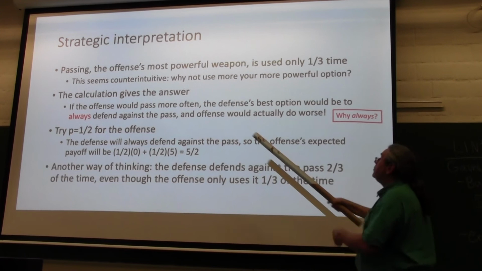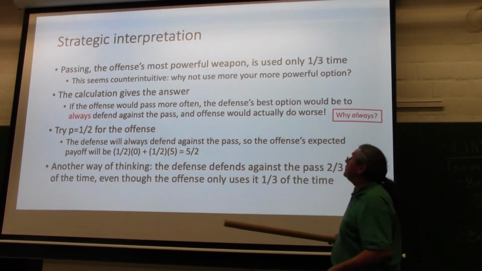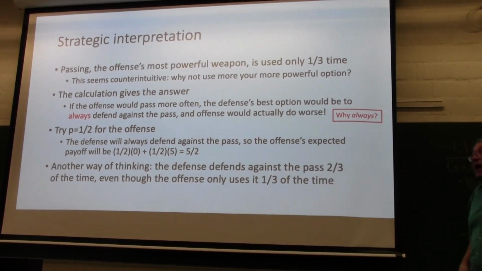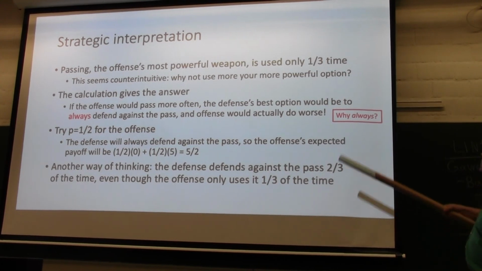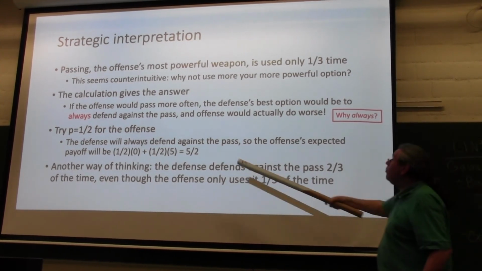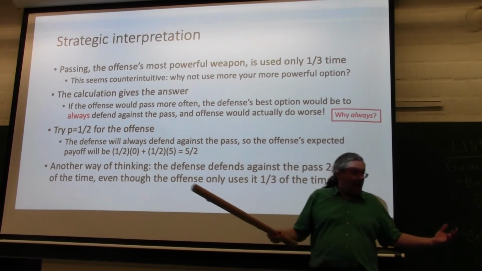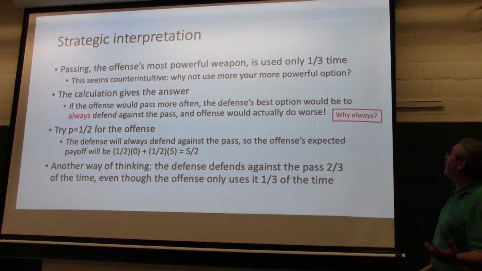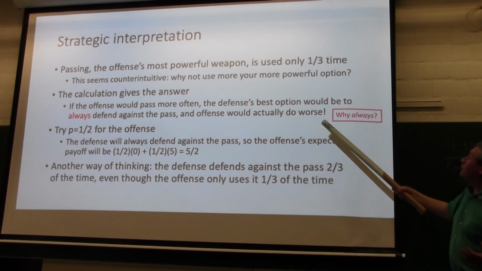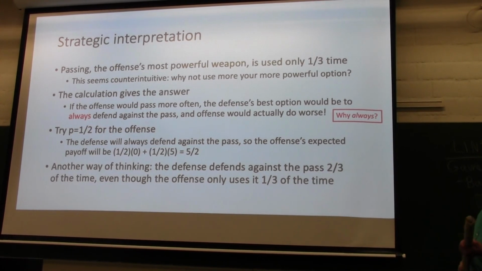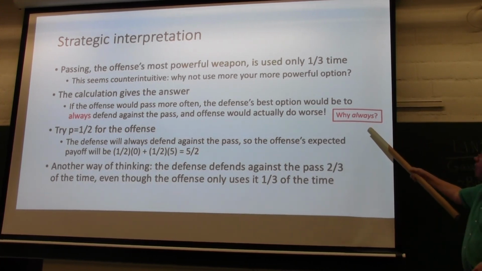Because you can actually understand why if you see the calculation. If you would do that, the defense's best option would be to always defend against the pass, and you would not gain anything, okay? And you would actually do worse if you do the computation, okay? If the two numbers are not the same, then the defense always picks the higher one. Huh? Always.